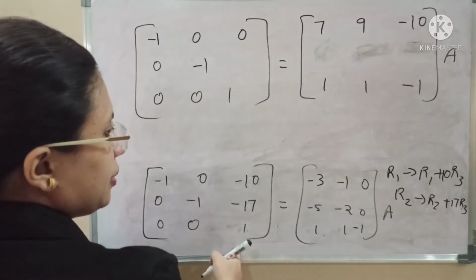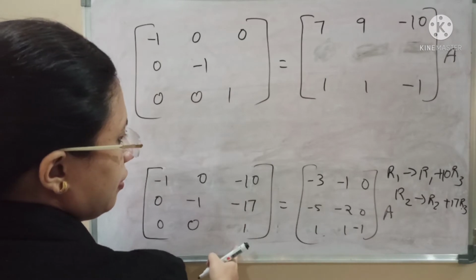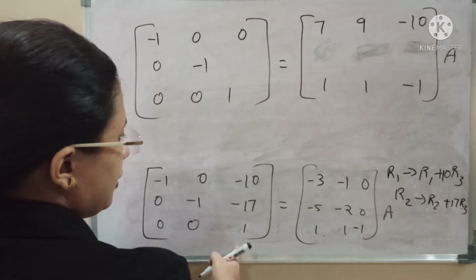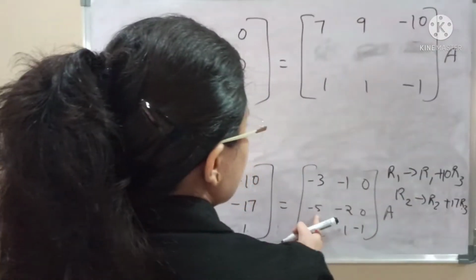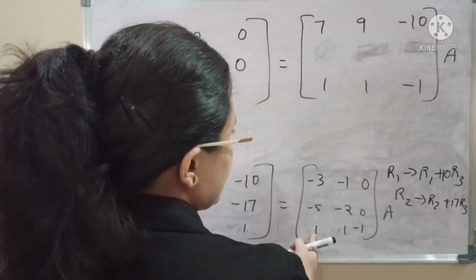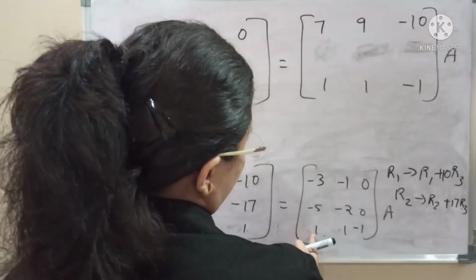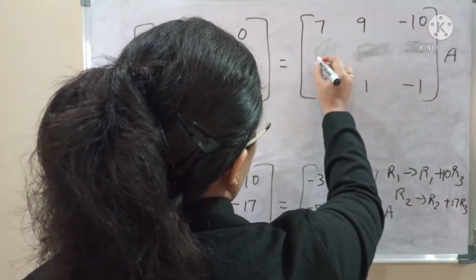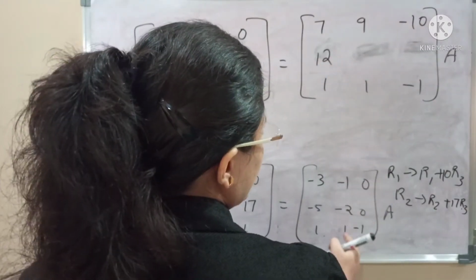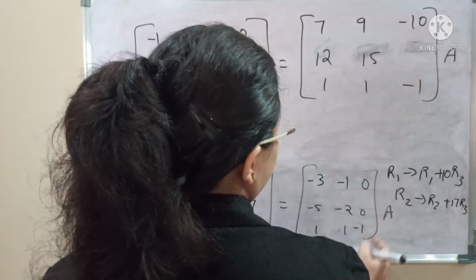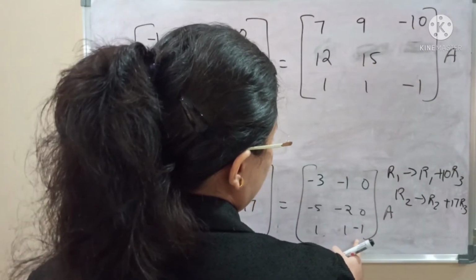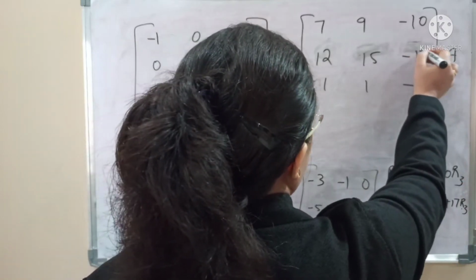Minus 17 plus 17 into 1 is 0. Here minus 5 plus 17, so that will be 12. Minus 2 plus 17, 15. 0 minus 17, minus 17.